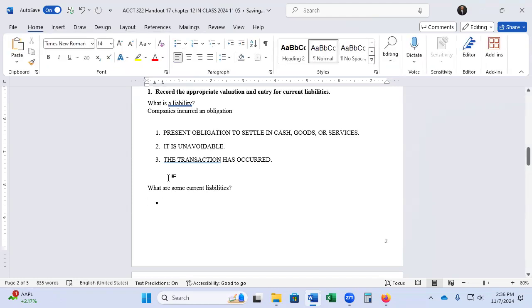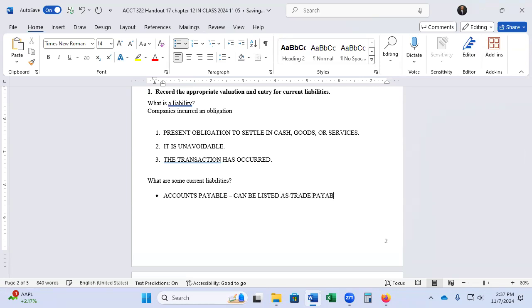Okay, so just to kind of jog our memory, what are some current liabilities? This is where you guys say stuff. Accounts payable. Sometimes you'll see it listed as trade payable or separately. What else? Wages payable. Excellent one.